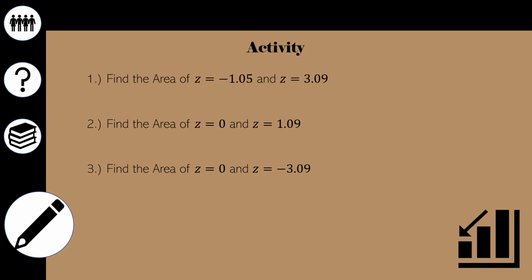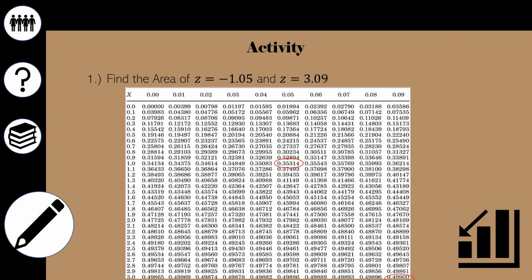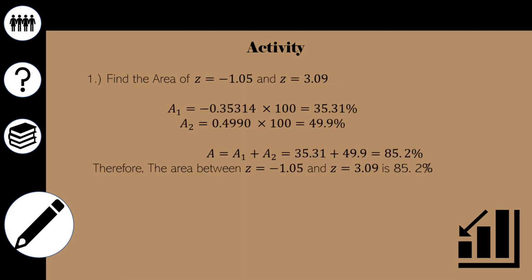Alright, so since 5 minutes have passed, I will be giving the answer to number 1, 2, and 3. So, with number 1, you find its equivalent z-score, which is 0.35 and 3.09 is 0.499, I'm sorry. Then we multiply them by 100 to get a percentage.